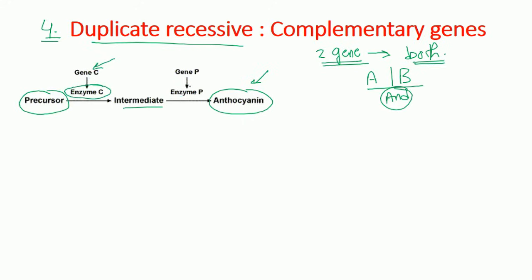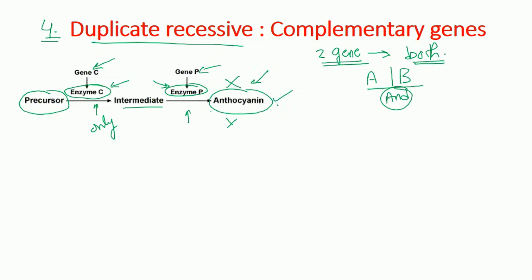The second part is mediated by enzyme P, which is encoded by gene P, that ultimately converts this intermediate into anthocyanin. So for the production of anthocyanin, we require both gene C as well as gene P. If only gene C is present, we won't get anthocyanin. If only gene P is present, we won't get anthocyanin. So we need both of them to get this product.